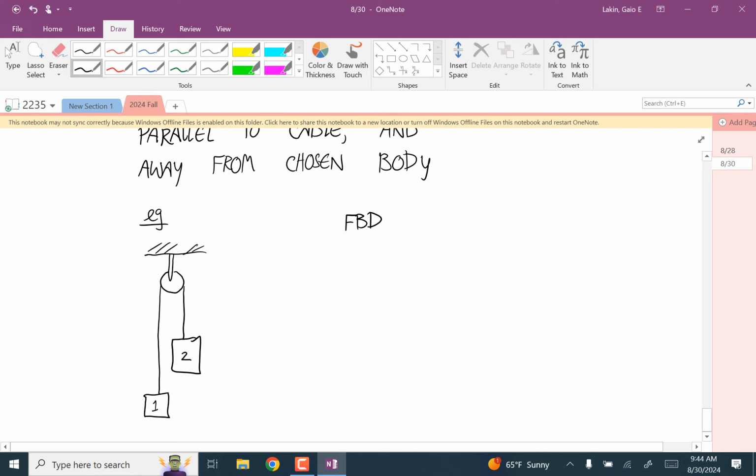The free body diagram of box 1 would have the weight force down, and I'll call that M1 times G. Now going around the boundary looking for contact, the cable force is the only other contact, and that's going to be parallel to the cable, away from the body.